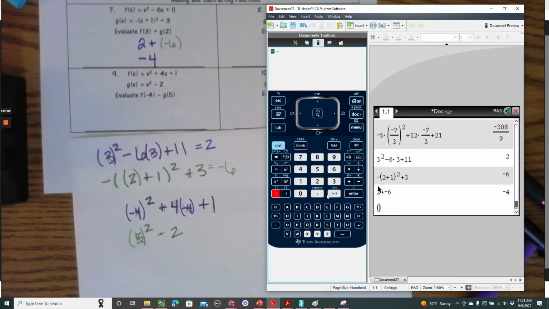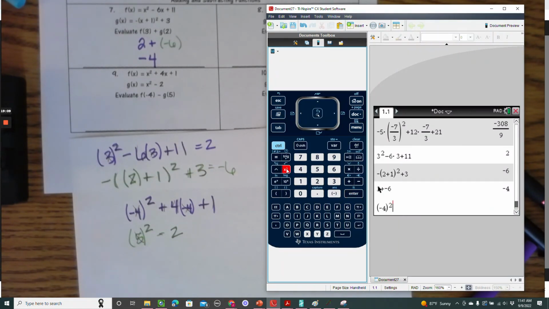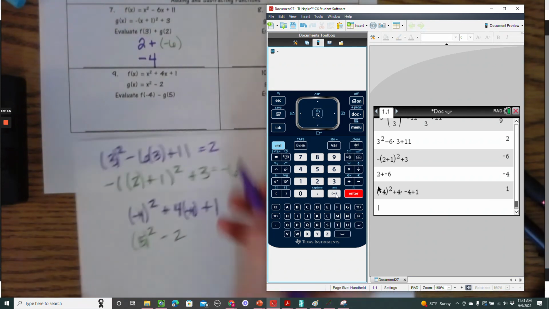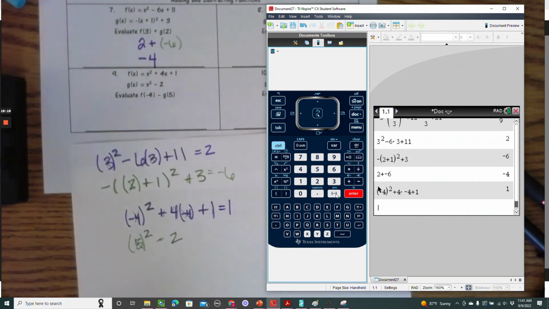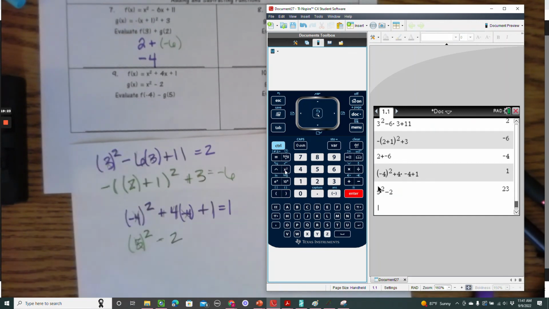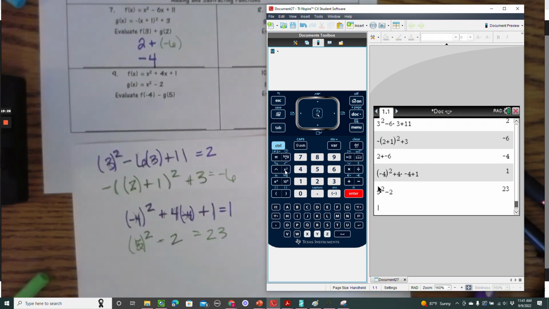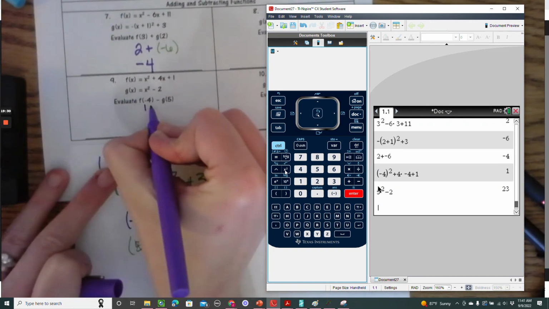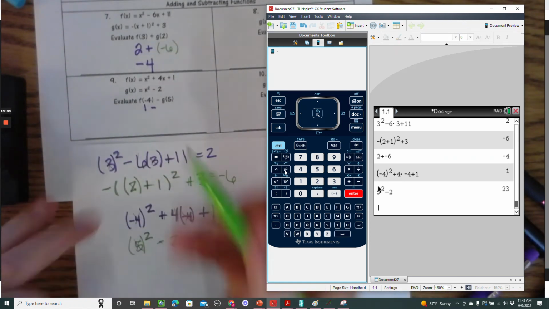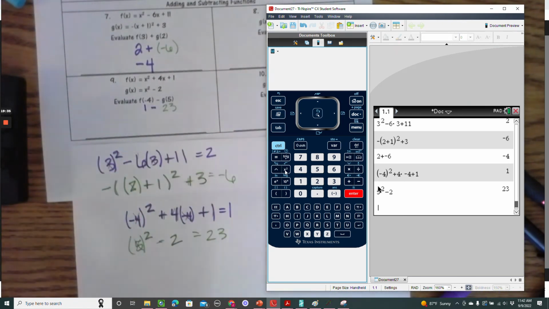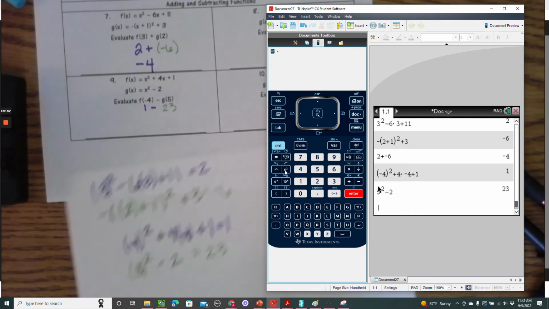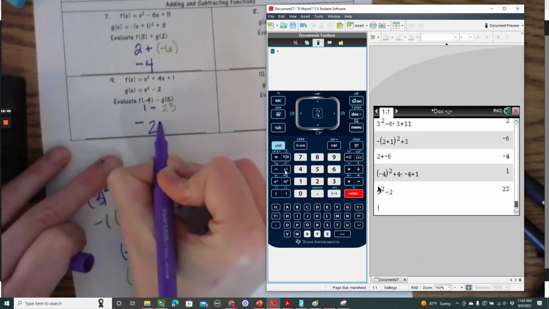So negative 4 squared plus 4 times a negative 4 plus 1. That one's a 1. And then 5 squared minus 2 is a 23. So f of 4 was a 1 minus 23. 1 minus 23, negative 22.